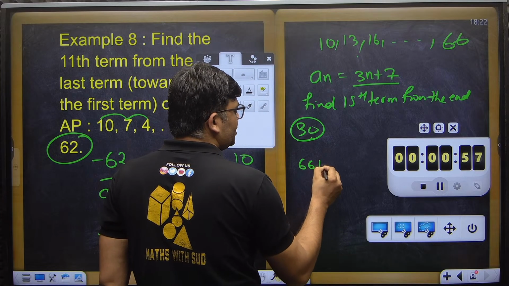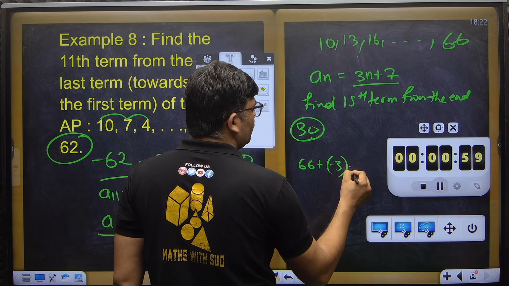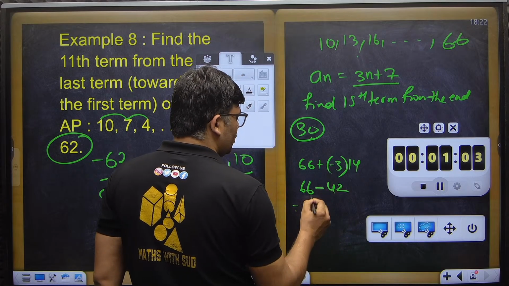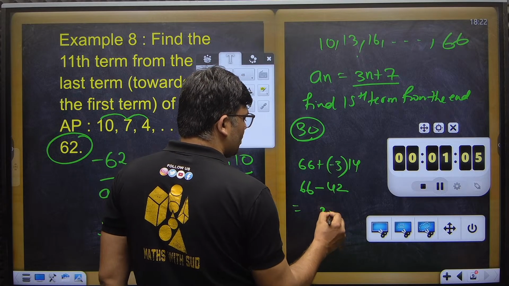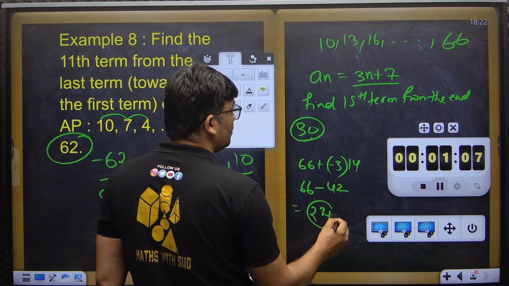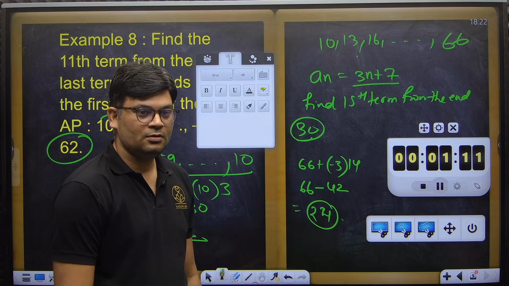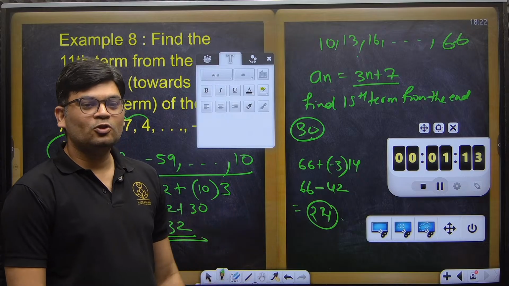So 66 plus minus 3 into 14. So 66 minus 42. 6 minus 2 is 4. सर मैंने गलती से 13 ले लिया, फिर वो 12 से कर दिया, तभी गलत आया.